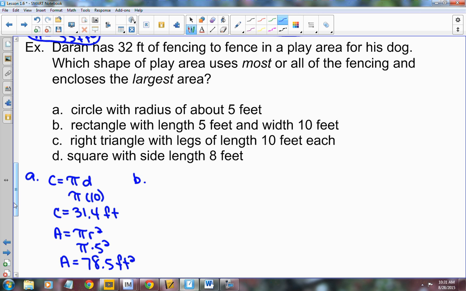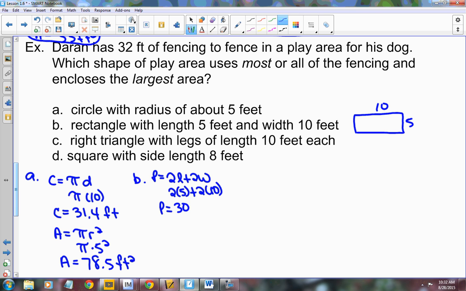Okay, so part B, it's a rectangle that's got a length of 5 feet and a width of 10. So my perimeter is 2 times the length plus 2 times the width. So it's 2 times 5 plus 2 times 10. That's 10 plus 20, which is 30 feet.